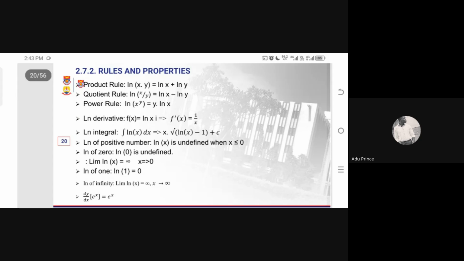Otherwise, if you do it together, you will get confused. So you find the derivative for both individually, separately, and then you put them together nicely and neatly.